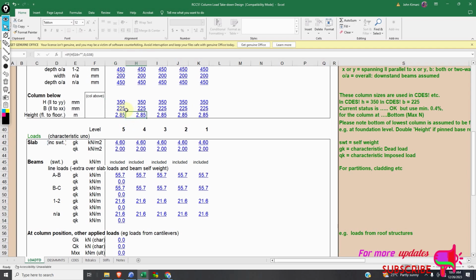You can use 350 by 225. Good, but use a minimum of 200 by 500? The center is too small, so just 350, maybe 350 by 225. So maybe by 400. So now this one is okay.